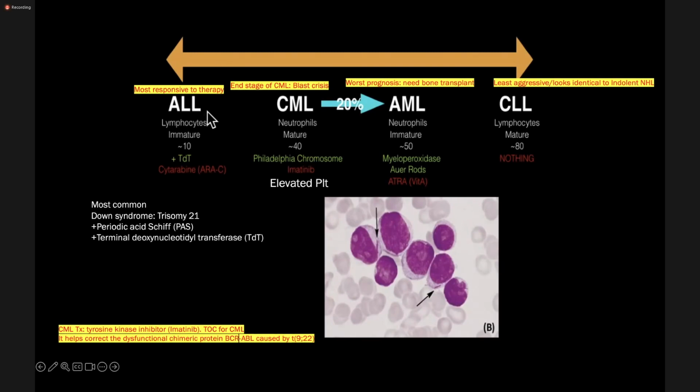If a patient is producing too much neutrophil, has anemia, and is aged 40 or maybe 38, with the Philadelphia chromosome 9;22, what's your diagnosis? CML. Or if the patient is producing too much neutrophil, that's myelogenous leukemia, and they have Auer rods, that's AML.